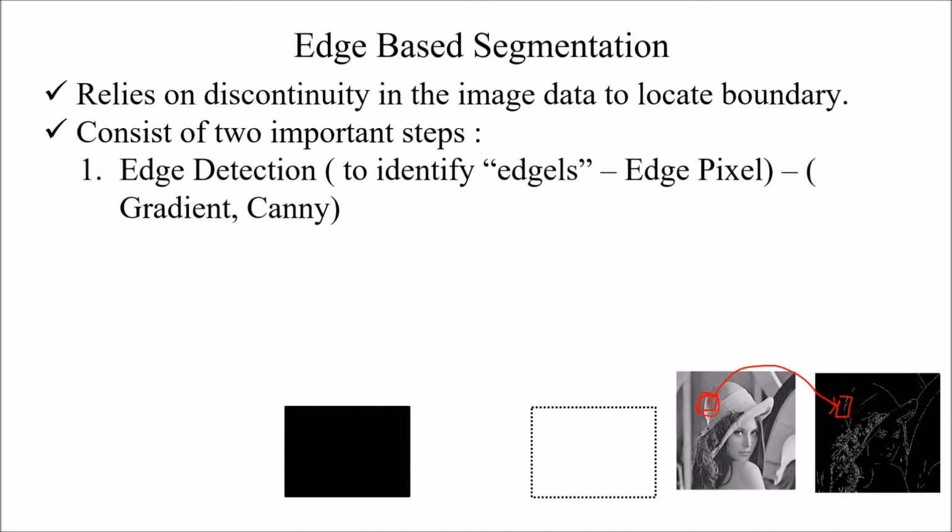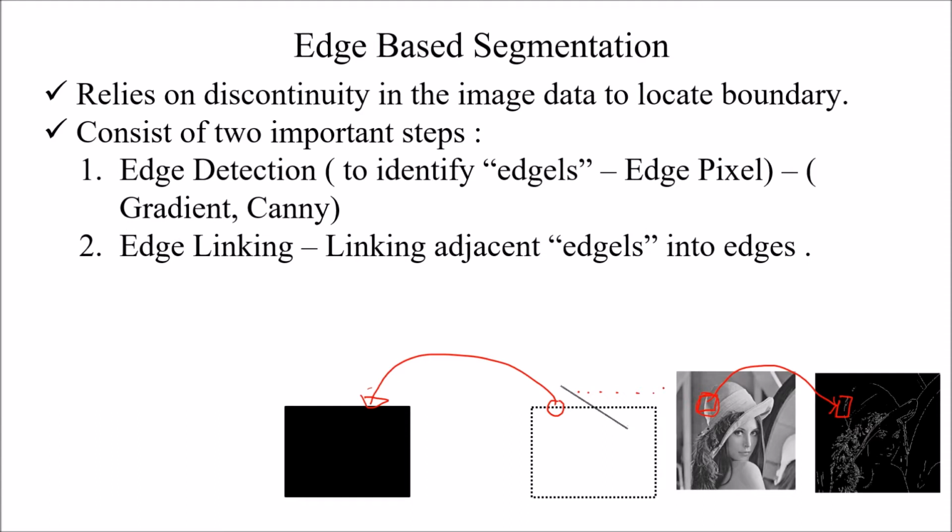The first step is to find the edge, or what we call the edges. Edges means the pixel points that belong to the edge. You need to remember that an edge is just a single pixel point that was generated based on the image.